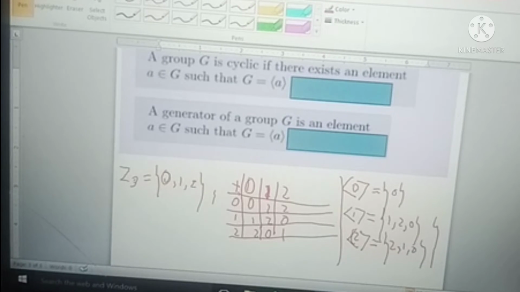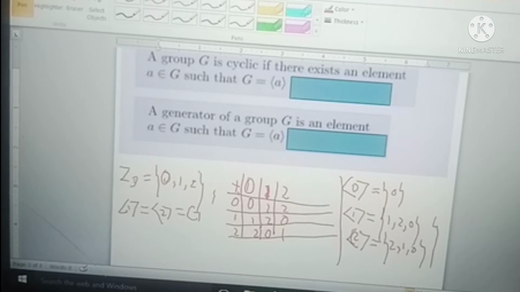So 1, 2, 0. So 1, 2, 0 is equal to the group G. So meaning the subgroup generated by 1 is equal to the subgroup generated by 2, equal to the group G, which is G mod 3. So this group is a cyclic group.